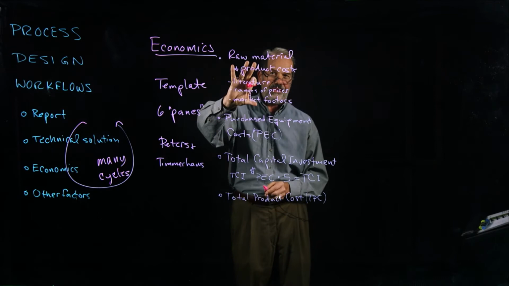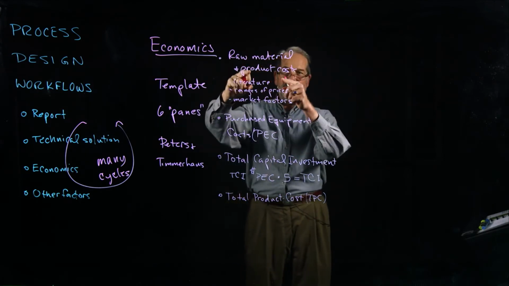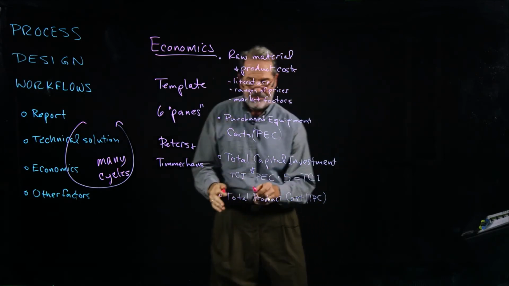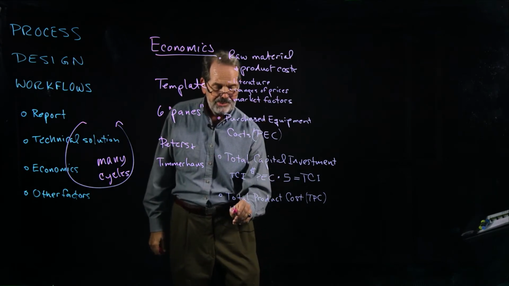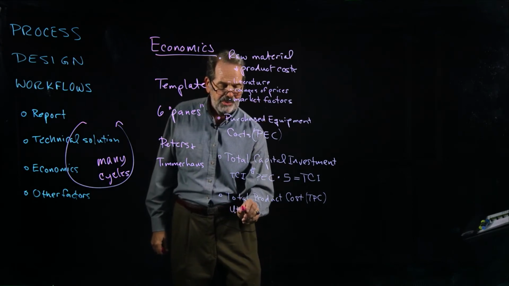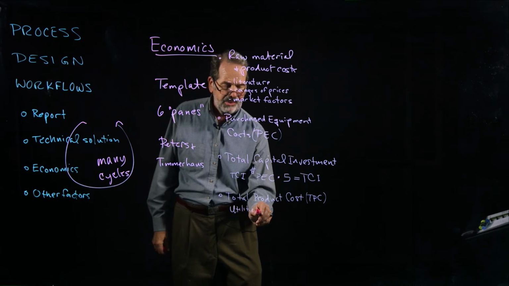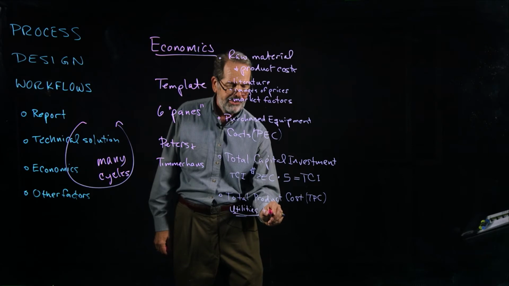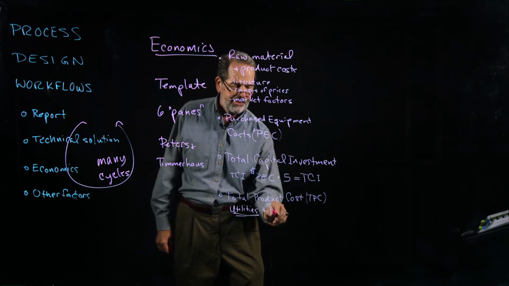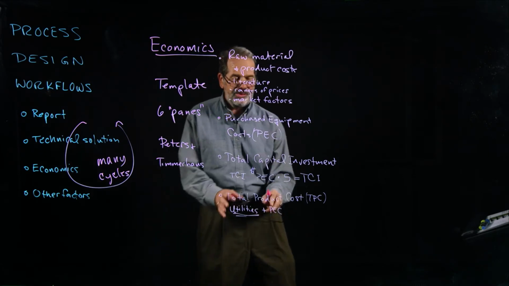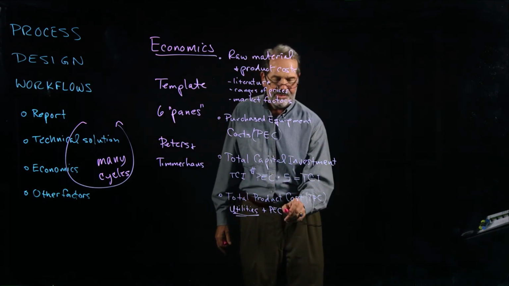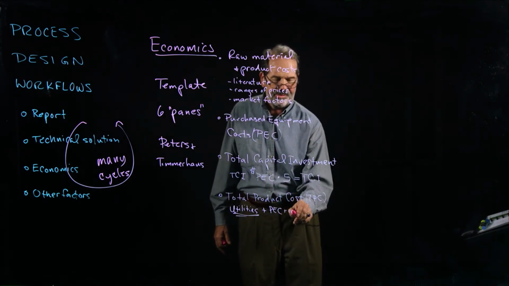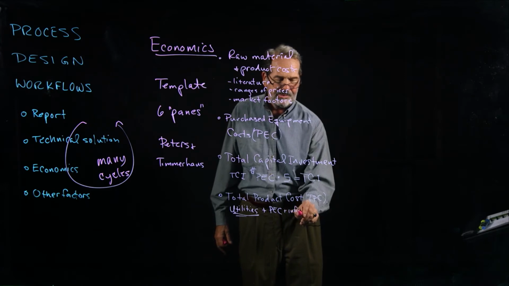And a lot of their operating costs will include raw materials and product costs, but also another thing we haven't shown yet is utilities. One of the things you probably need to do is have a utilities table. So the total product cost integrates all of this stuff. This is plus infrastructure.